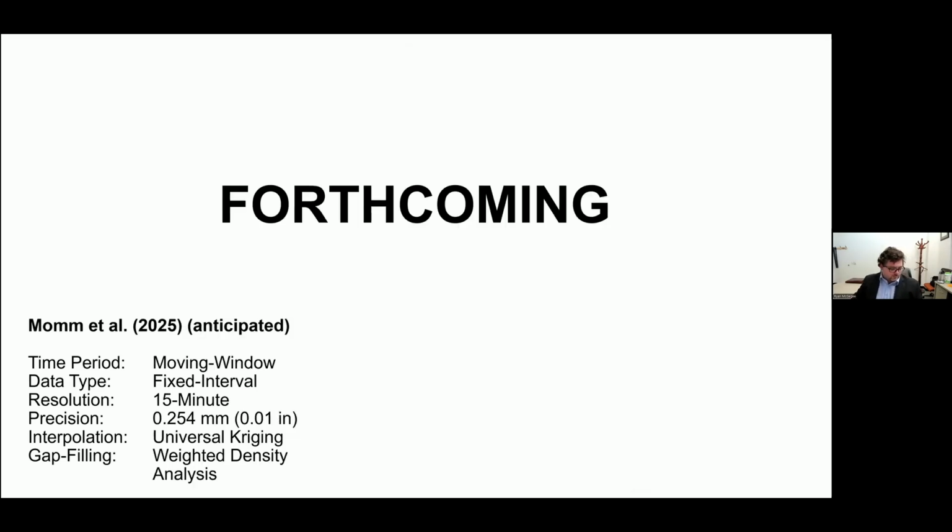And then this is the big one, and this is the one that everyone would want to pay attention to. This is the paper that will have the largest influence on the official NRCS Russell 2 results. It is forthcoming. I cannot share any details about what is in the paper until it is actually published per an agreement with the authors.